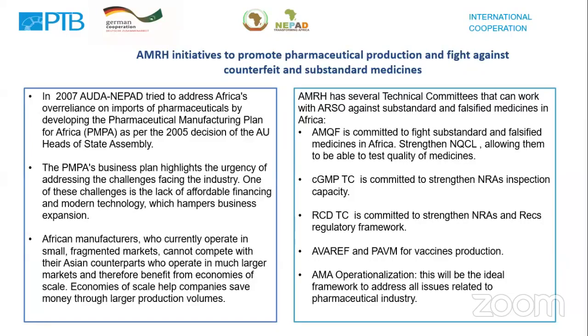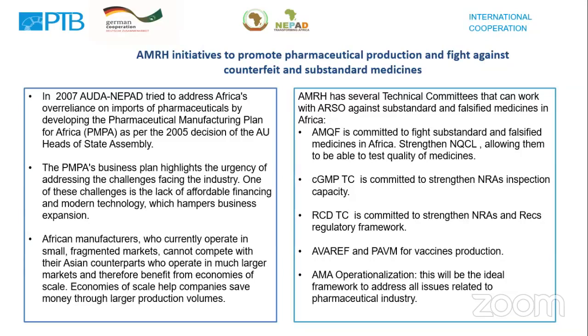AMA will evaluate medical products for the treatment of priority diseases as determined by the African Union. It will also regularly inspect, coordinate, and share information about products that are authorized for marketing.